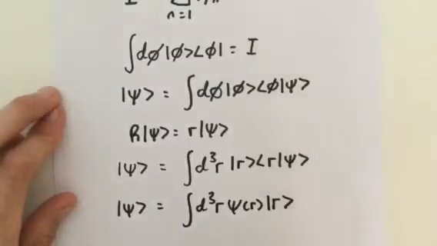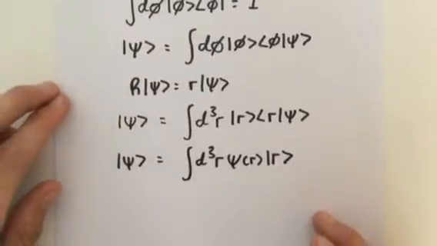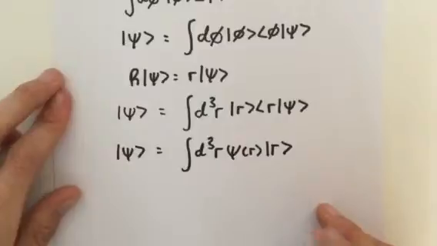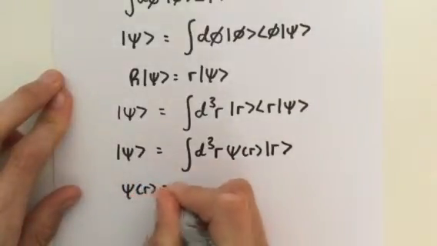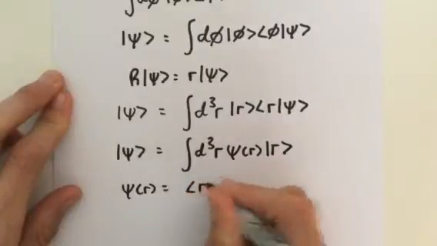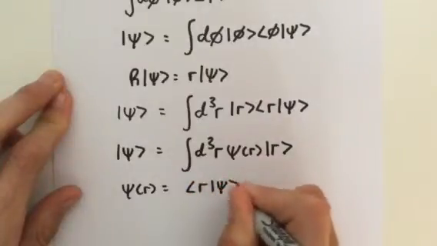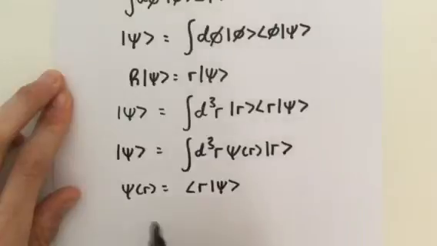Here's a very important thing to understand. Psi r is equal to the inner product of r with psi. This is the wave function for the state vector psi. It's the ket representation in the position basis.